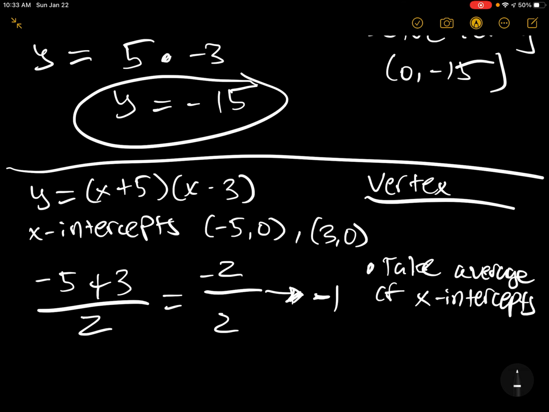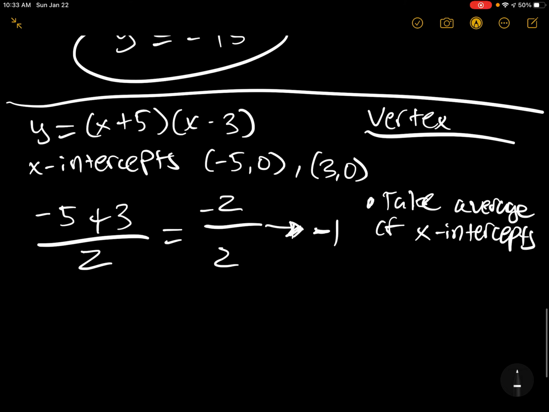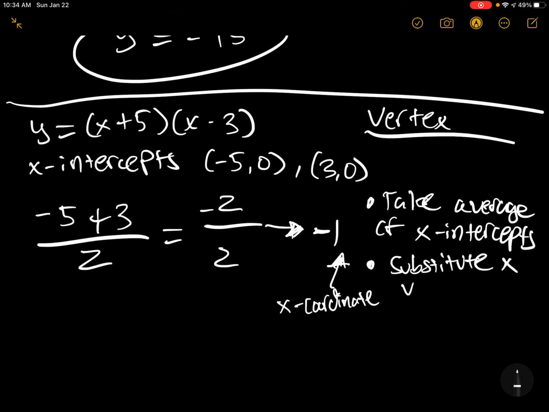Now, this is the x-coordinate for your vertex. This is your new x-coordinate. We can go ahead and label that x-coordinate. Now, the second step that we need to do once we have that is we need to substitute the x value into the original equation.